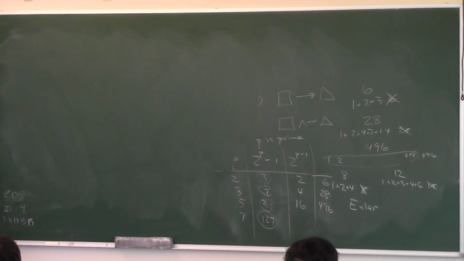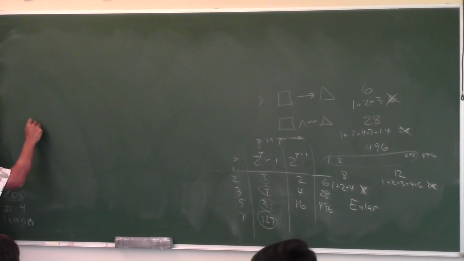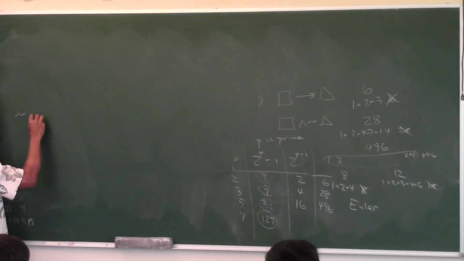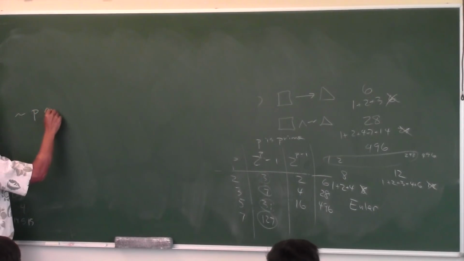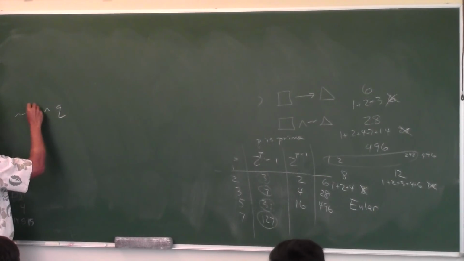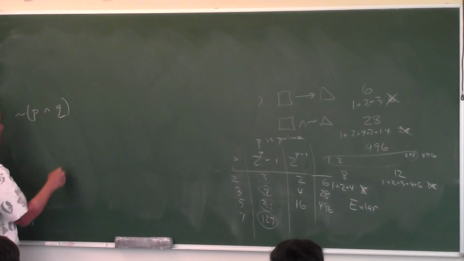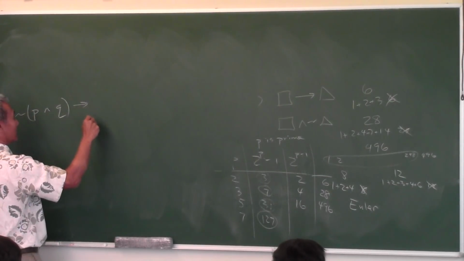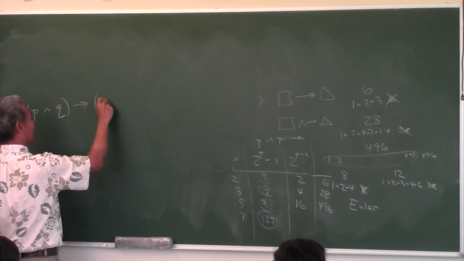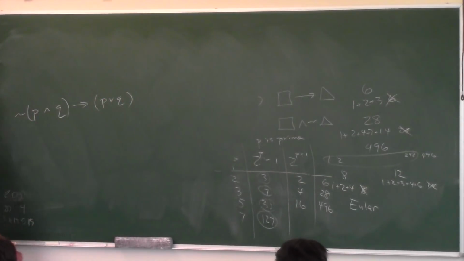Okay, what did you get? Negate, not P and Q. Oh, well, if, quantity. Then quantity P or Q. Okay, let's see if this works.